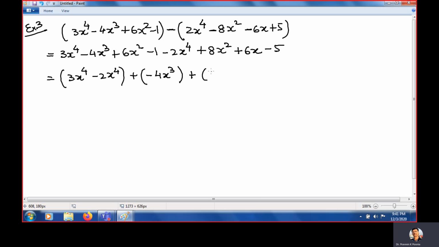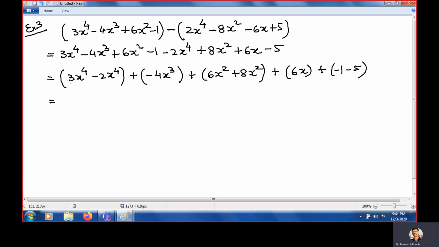Now plus 6x^2 plus 8x^2. Plus 6x is the alone term, then minus 1 and minus 5. So outside the bracket we are choosing the sign plus. What does this mean? This means we are making our calculation easy.